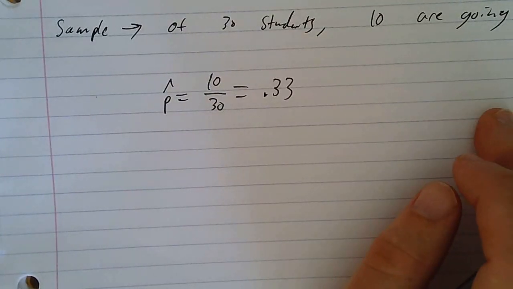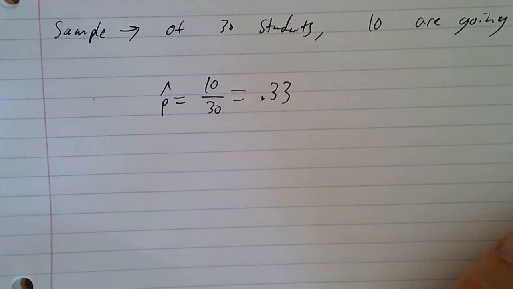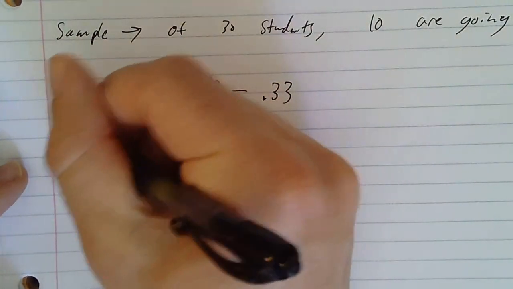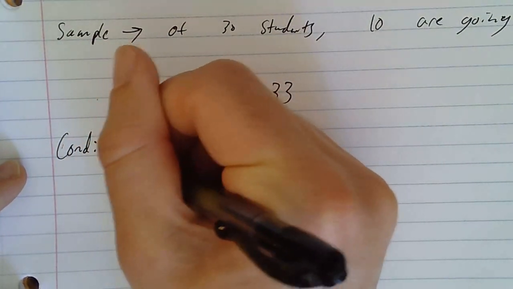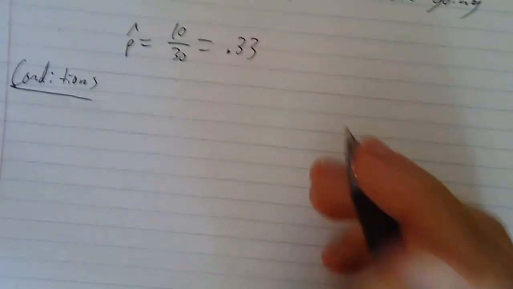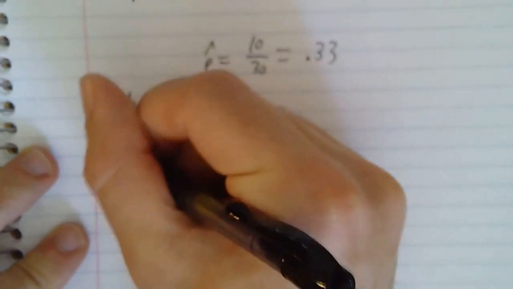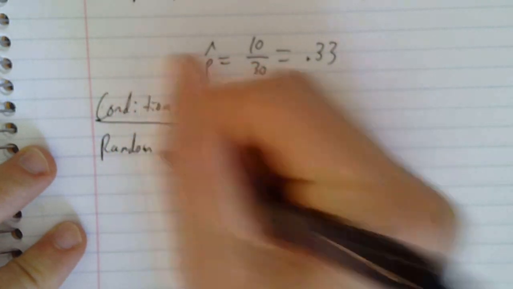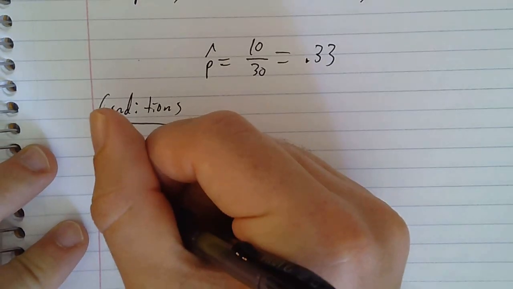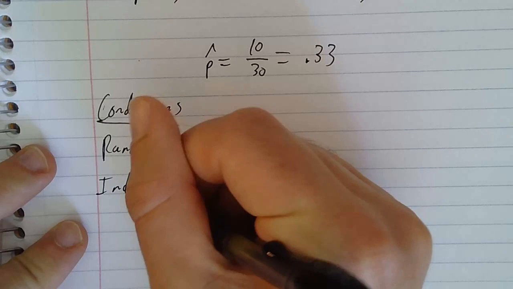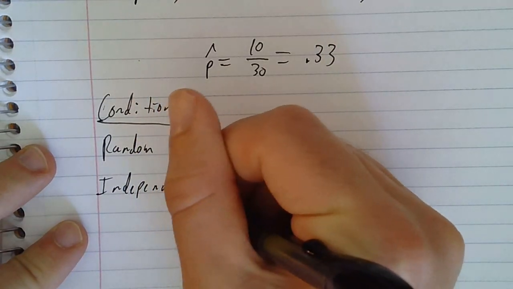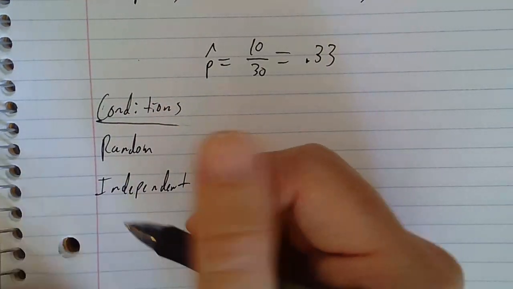Now, I'm going to take a moment before we continue to go over the conditions. You have to know the conditions or have them written down in your notes. Conditions are random, independent, and normal.